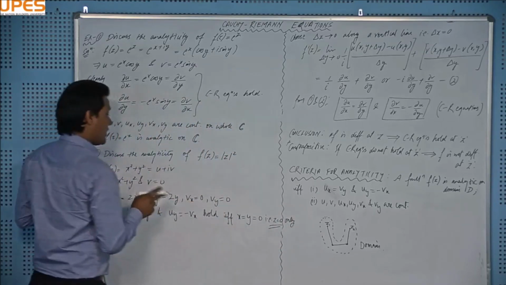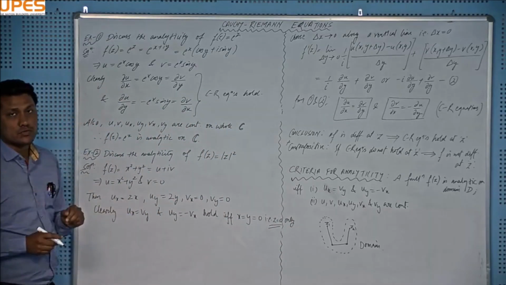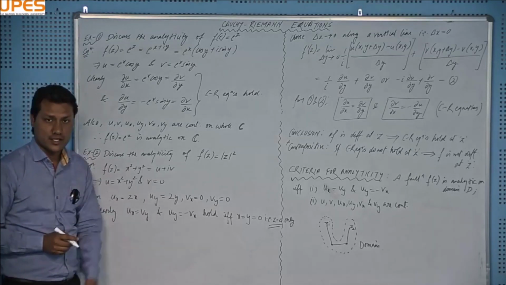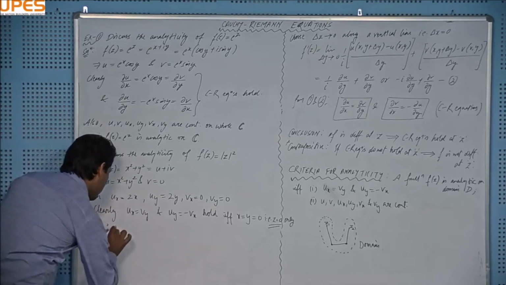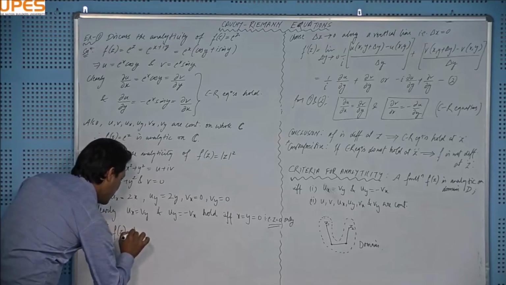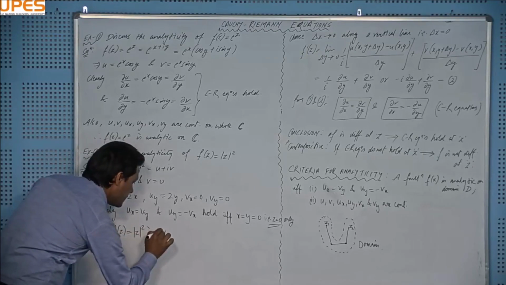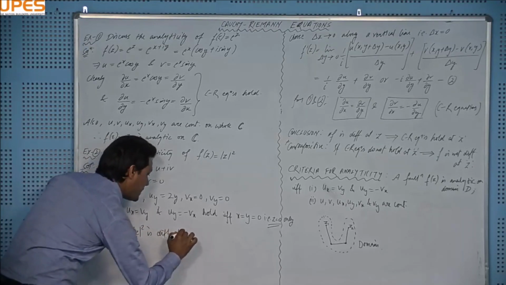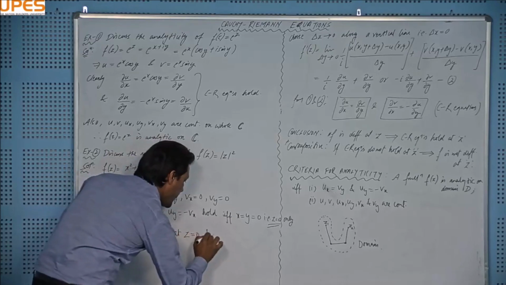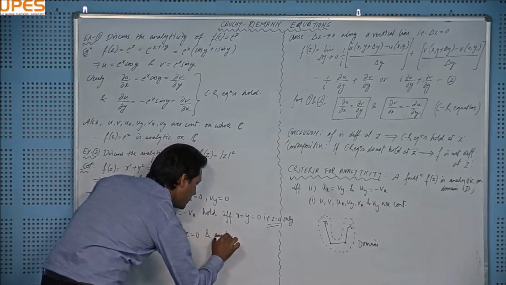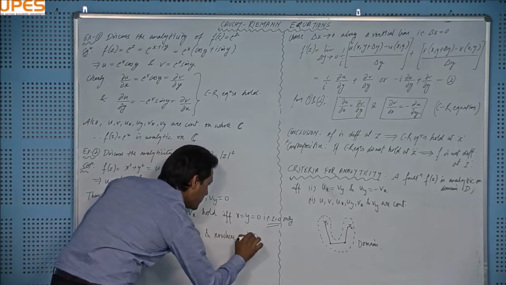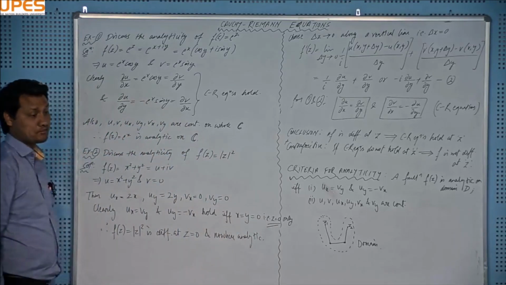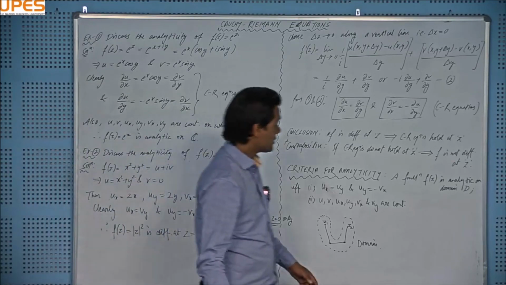So the function will be differentiable at z equal to 0, not analytic, nowhere analytic, right? Therefore f(z) equal to mod z squared is differentiable at z equal to 0 and nowhere analytic.